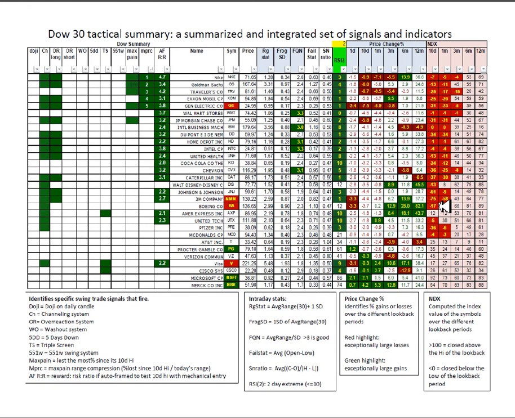We like the 10-day NDX for swing trading, and that scores minus 75. In fact, that's the worst score in the entire stack. And Microsoft, which was a percent winner on Friday, scores a 92, so it's almost 100. So that's the largest difference between. We're going to see what those look like in charts here in a minute.